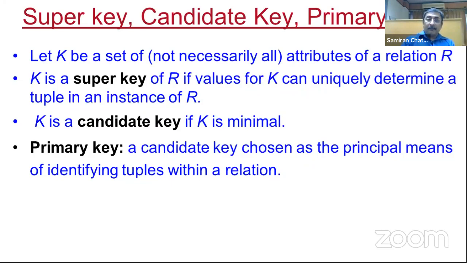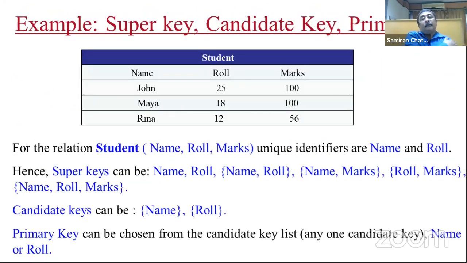Let us take an example which will clarify things. It is a student table with 3 columns: name, roll, marks. Look at the instance. I can say that by name I can identify a tuple. Why?